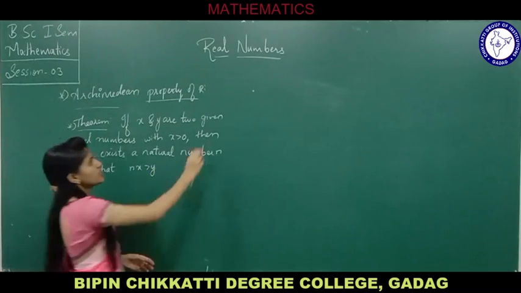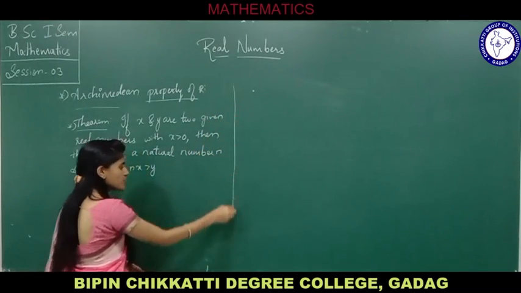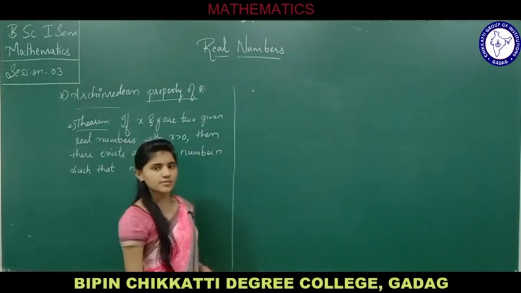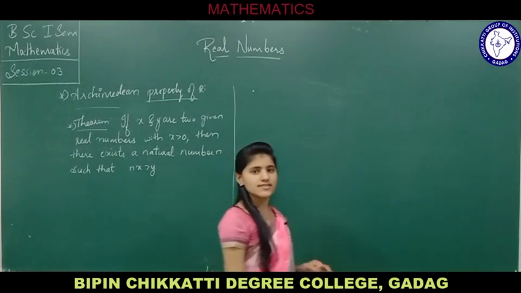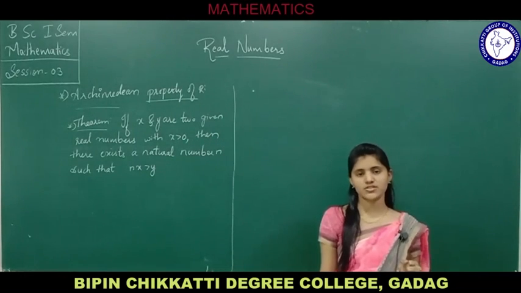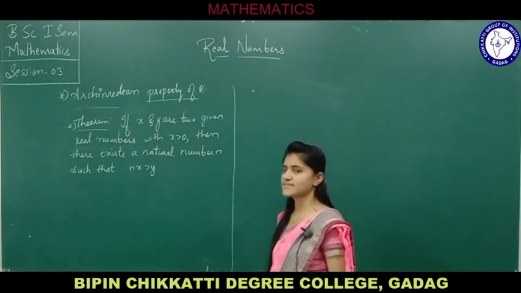So we are stating and proving this Archimedean property on the set of real numbers R. What does this theorem state?